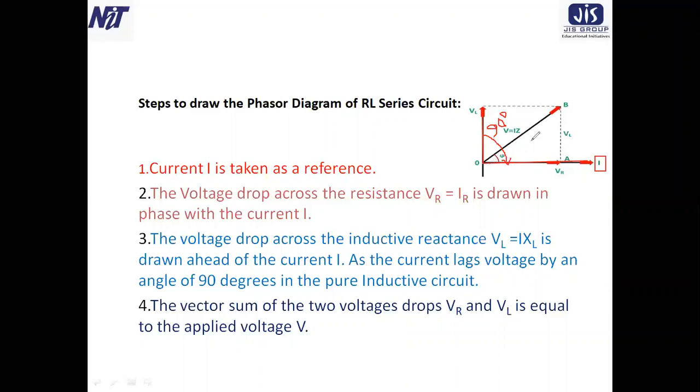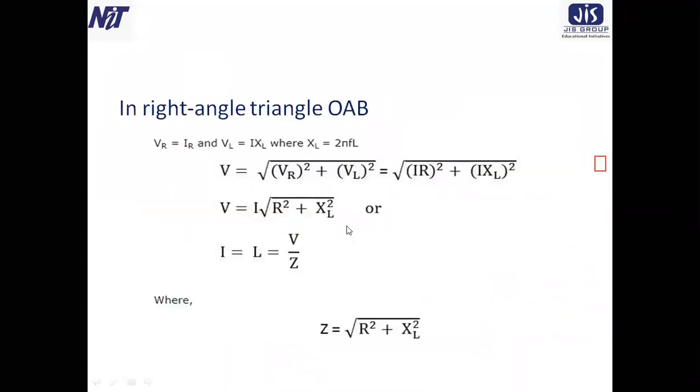Now just draw this part, and then with the vector triangular formula we can easily find that the summation of VR and VL is equal to the applied voltage V. Next, in right angle triangle OAB.